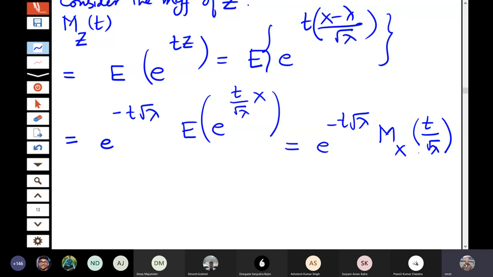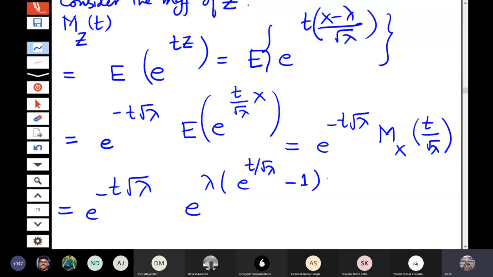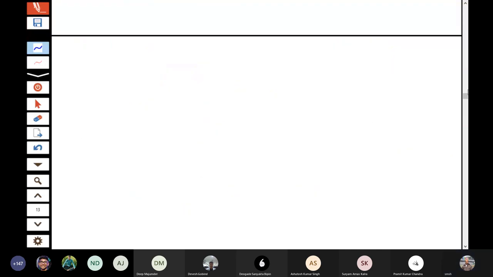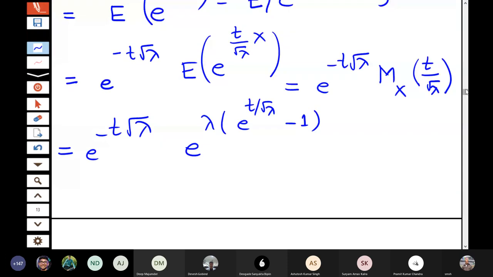X is a Poisson lambda distribution. What is the moment generating function of a Poisson distribution? It is e to the power lambda (e to the power t minus 1). Do you remember that? Here it is e to the power lambda (e to the power t by root lambda minus 1), because t is replaced by t by root lambda.